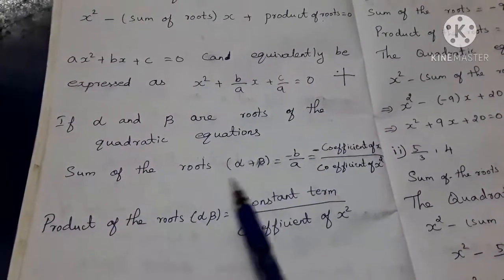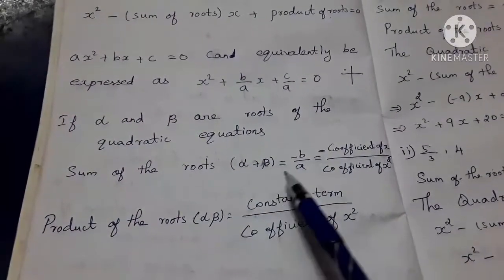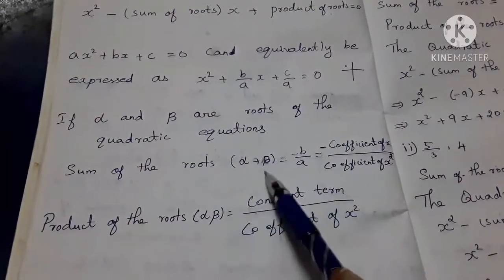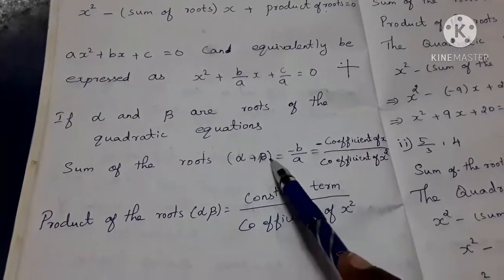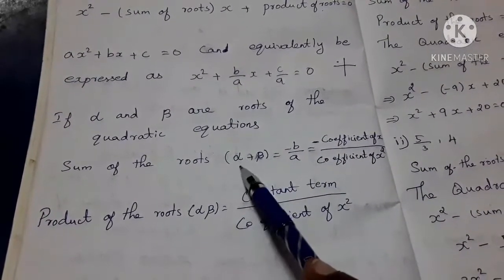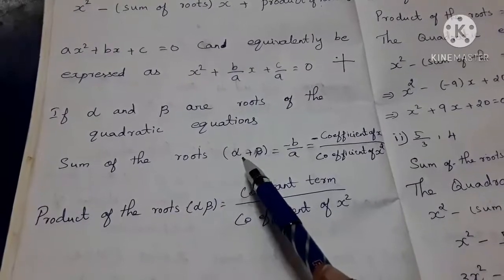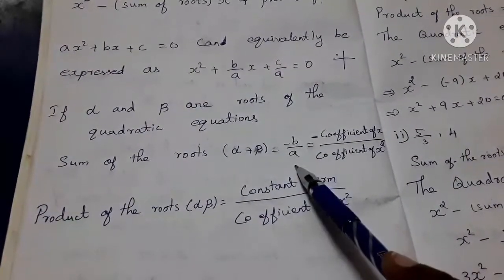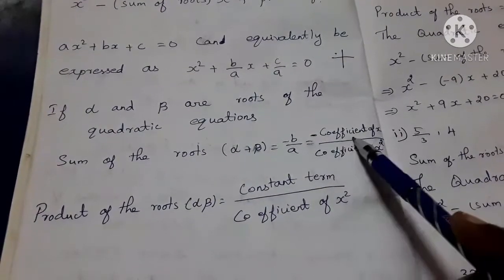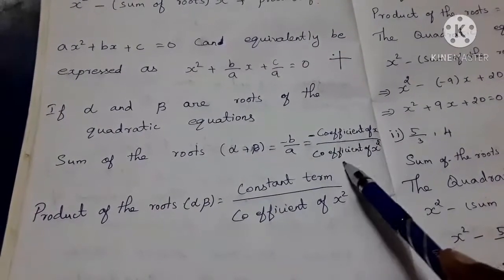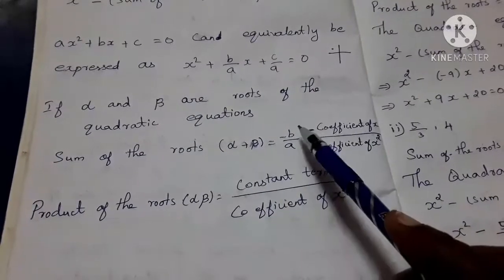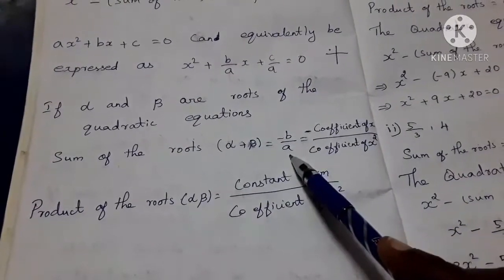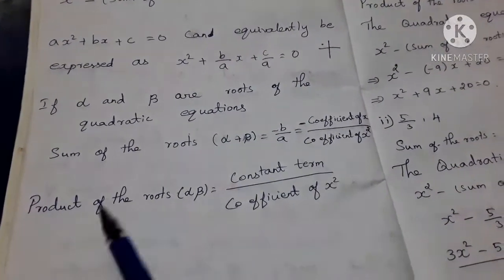So what is the sum of the roots? Alpha plus beta. The two roots are alpha and beta, so the sum of the roots means alpha plus beta. Alpha plus beta is equal to minus b by a, which is minus the coefficient of x divided by the coefficient of x squared.